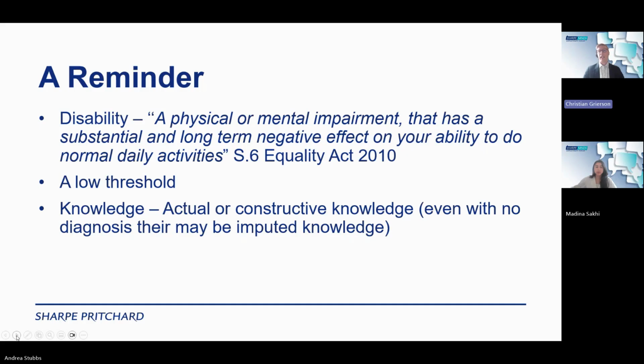So if an employee has dyslexia, and the employer is not made aware of this, but there is sufficient evidence from considering their pattern of behavior, for example repeated spelling mistakes or typographic errors in their work, then it might display that they have dyslexia, and you have to think a bit harder, and the tribunal might interpret the employer has constructive knowledge of the disability without it ever being confirmed.